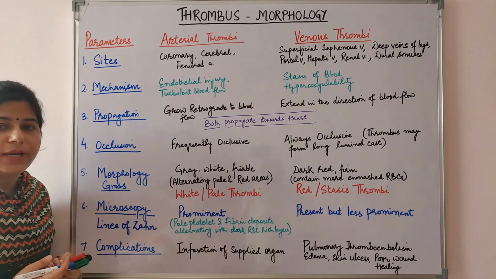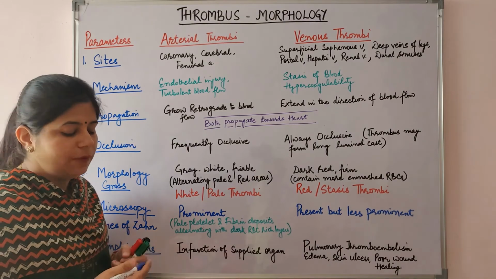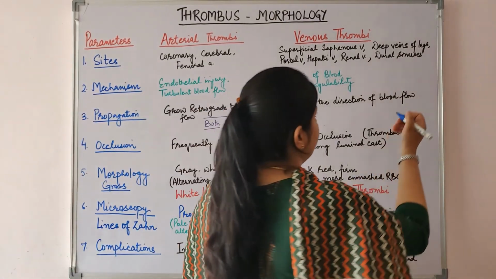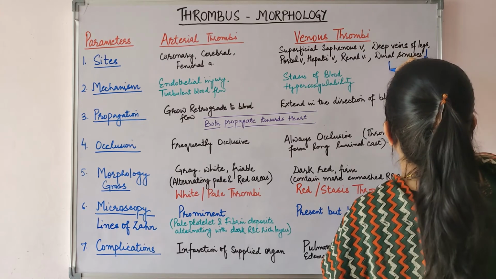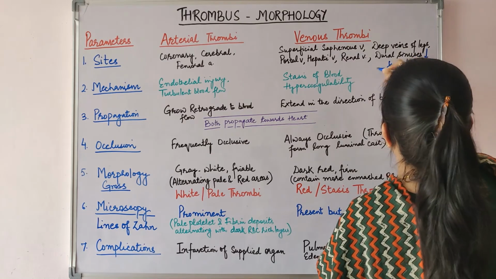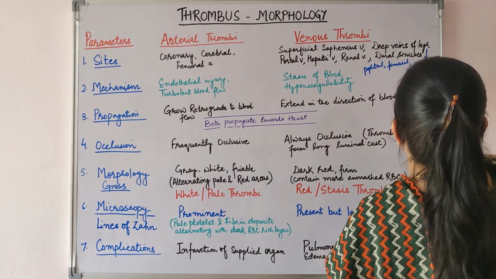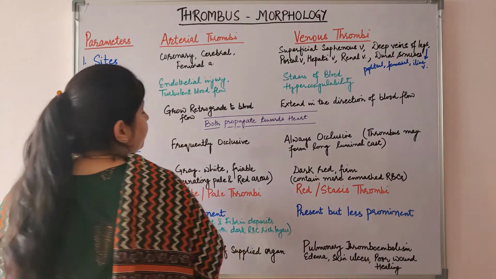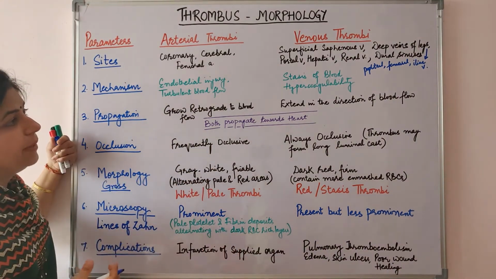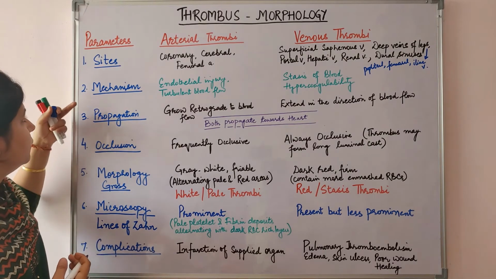In venous thrombi, the veins involved are the superficial saphenous vein and deep veins of the legs. So here the veins at the level of the knee or above the knee, the femoral, the popliteal, and iliac veins, are very important. Other veins, portal vein, hepatic vein, renal vein, and dural sinuses, are also involved.